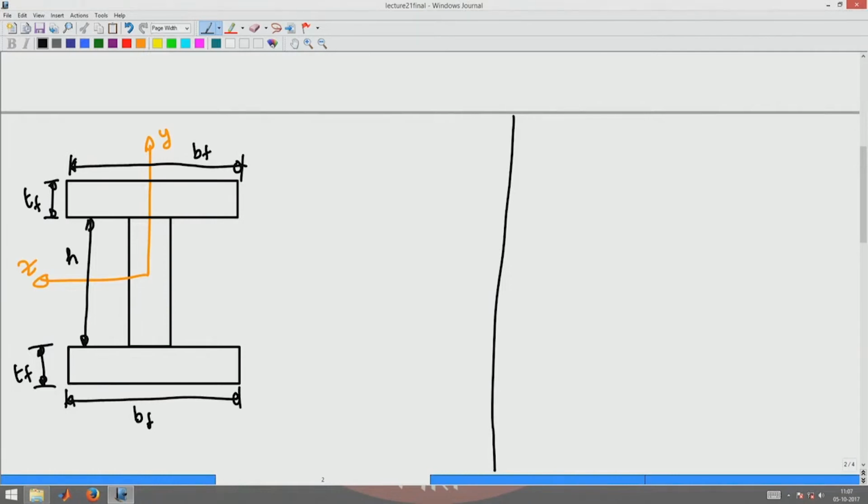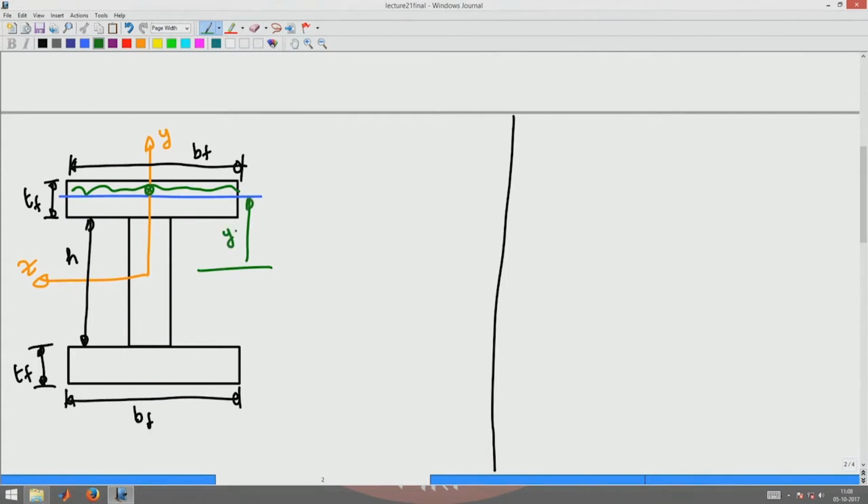Now, if I am interested in finding the shear stress at some location given by that blue line cut, then I have to consider this area and the CG of that area, which will be somewhere here. Let us assume that this section is at a distance y from the neutral axis location.